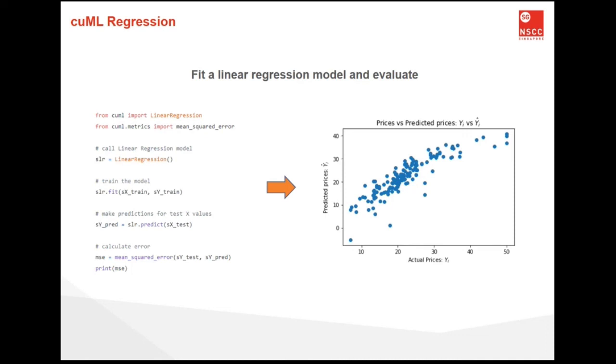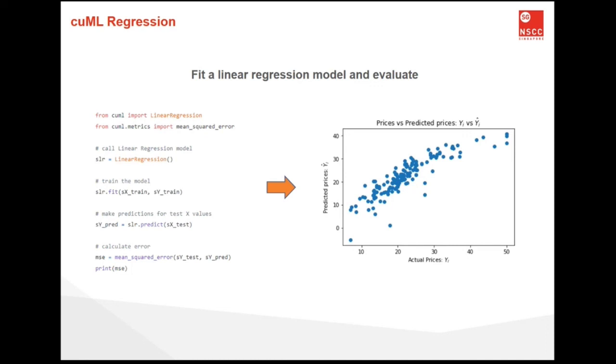Sometimes it is difficult to tell the model performance from the error score. Therefore, we will visualize the model using matplotlib. The multiple regression model produced pretty accurate predictions and was just as easy to implement.